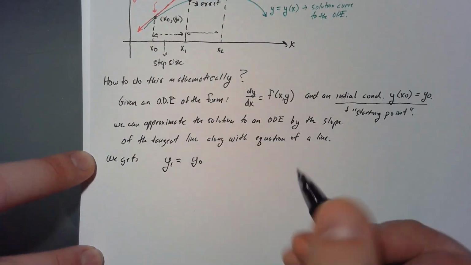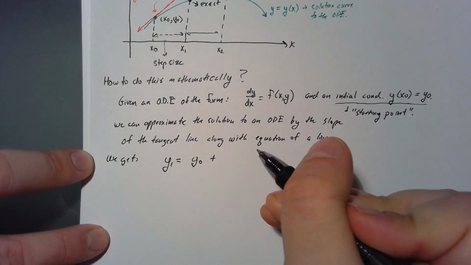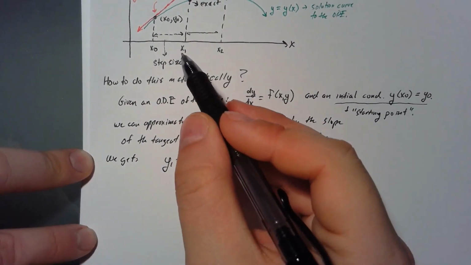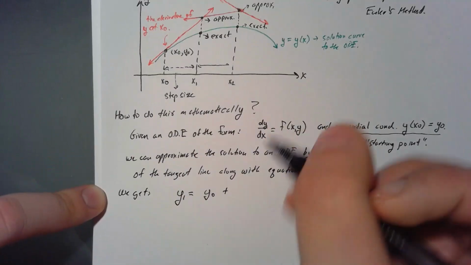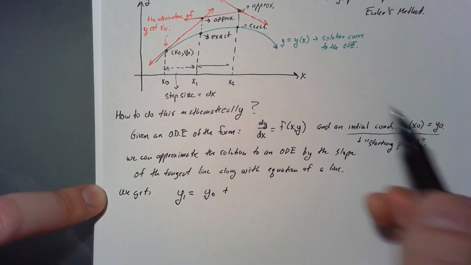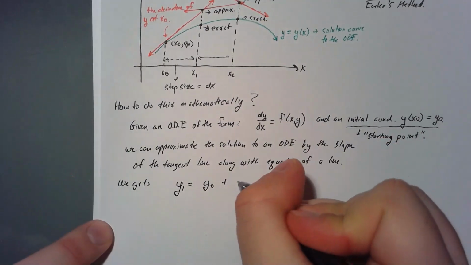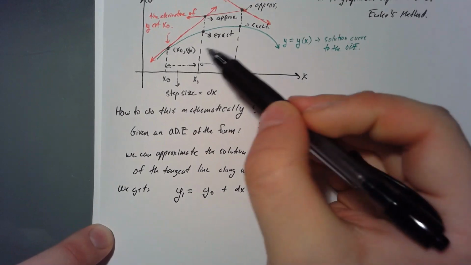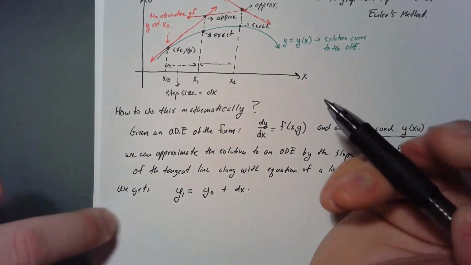So I start there, and that's going to be times the step size, and the step size we could represent with dx, right? That means the change in x. So that's going to be dx times the function at that point.